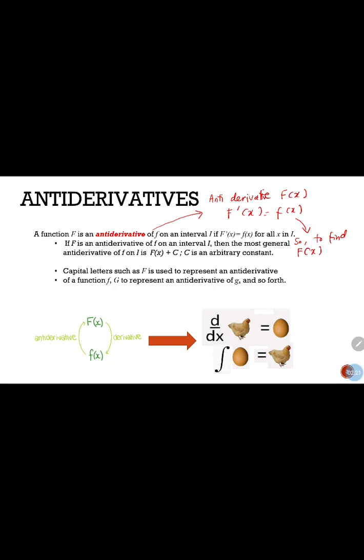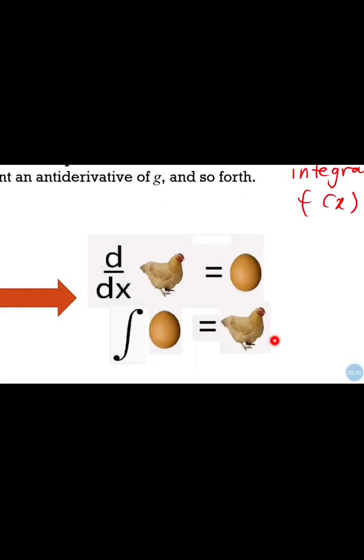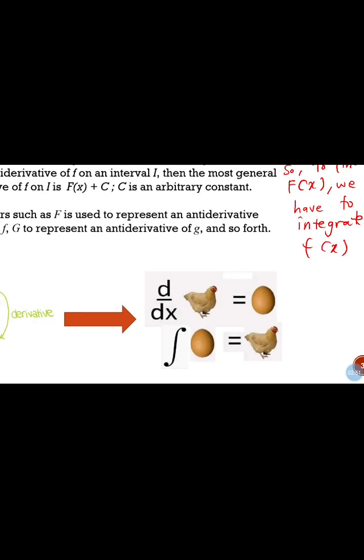So to find capital F(x), what should we do? We have to integrate small f(x). That's all. The antiderivative is always termed as capital F(x), and the derivative of capital F(x) is f(x), the normal function.